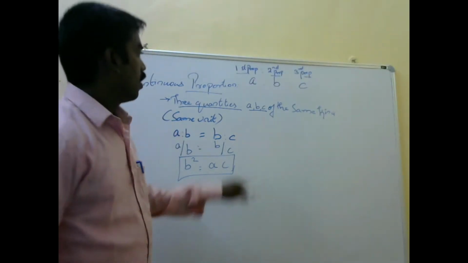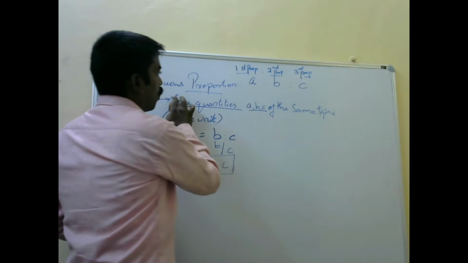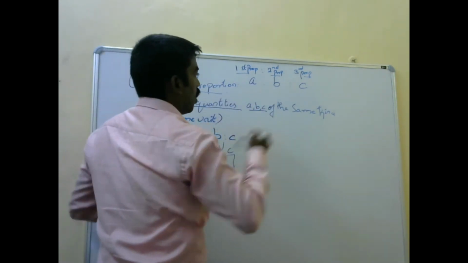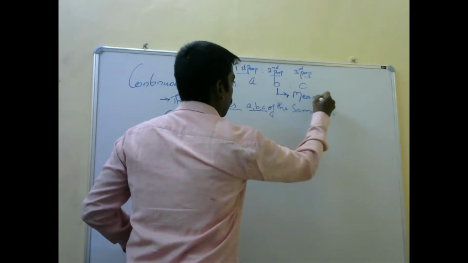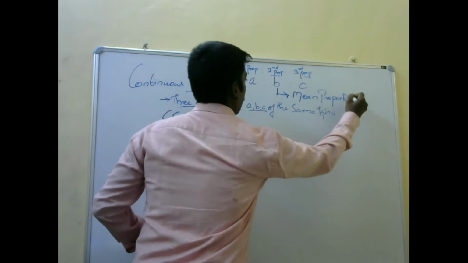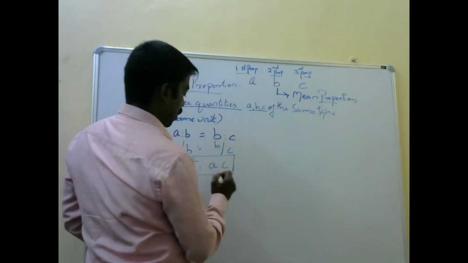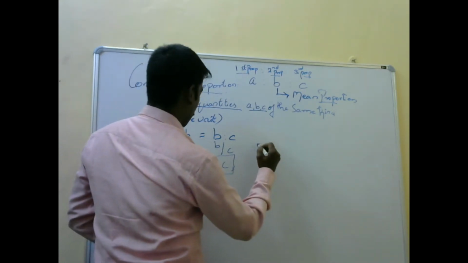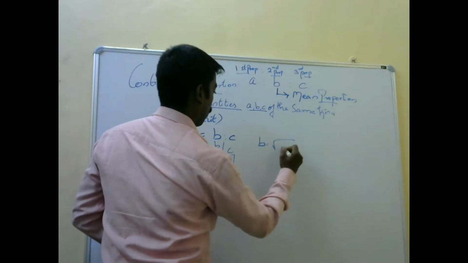Please note it. A, B, C are in continuous proportion, and B is called the mean proportion. So B squared is equal to AC.